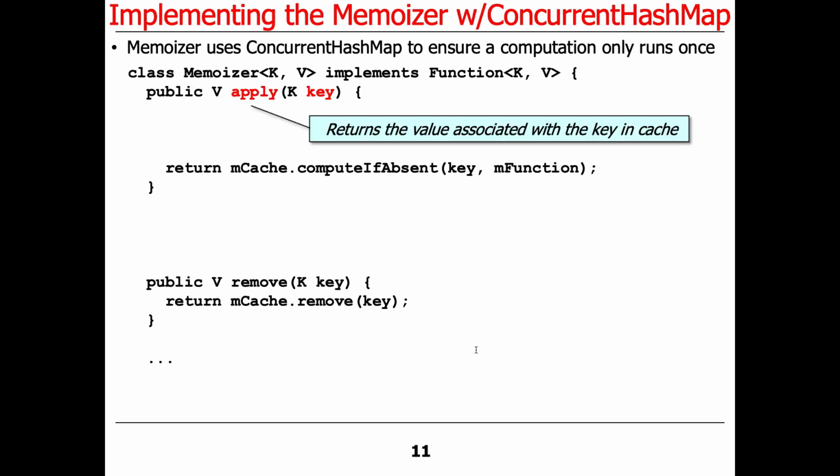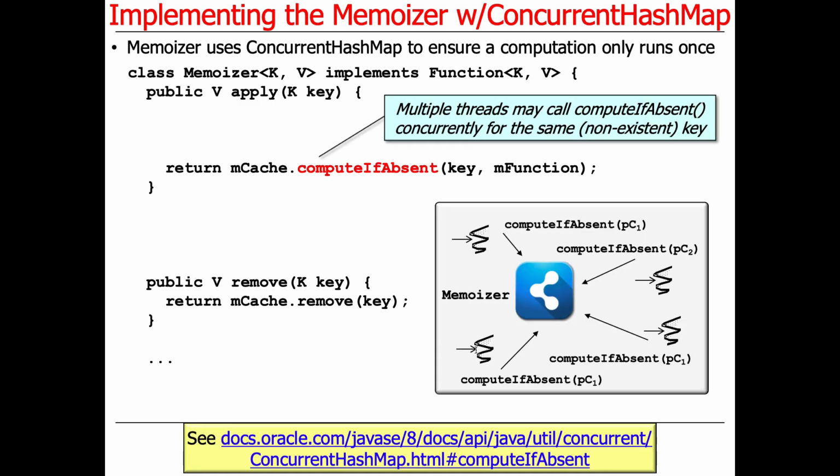Okay, so here is the apply method. This is the one that's going to get called back to get the value for a given key. That's just good old apply, what we get by implementing Function. So you can see here that we're going to call computeIfAbsent, which is this atomic check-then-act method that comes in as part of ConcurrentHashMap.